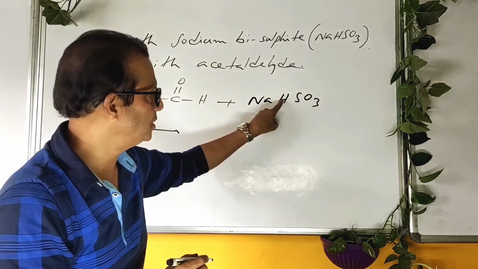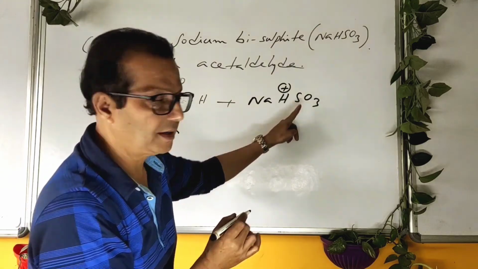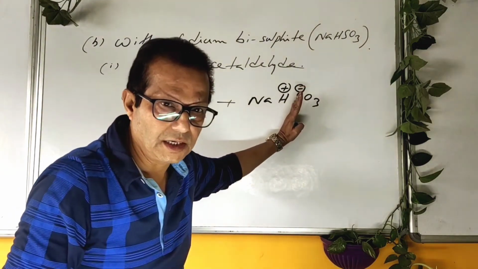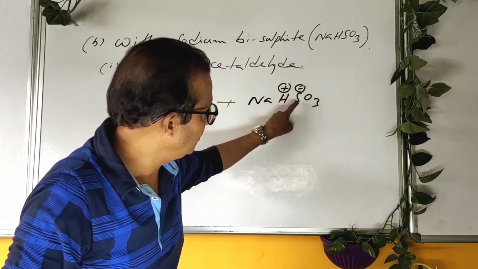Hydrogen gets positively charged and the sulfur gets negative charge. So whenever you write the charge, write on the particular element, okay?